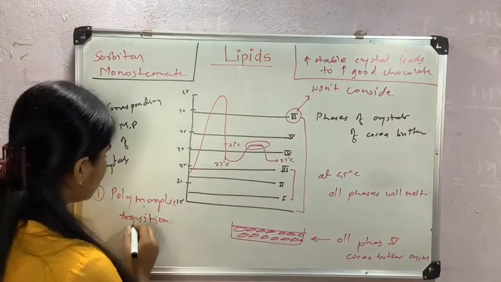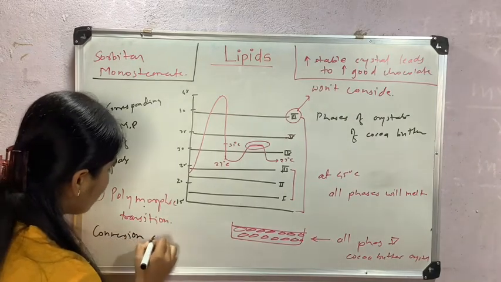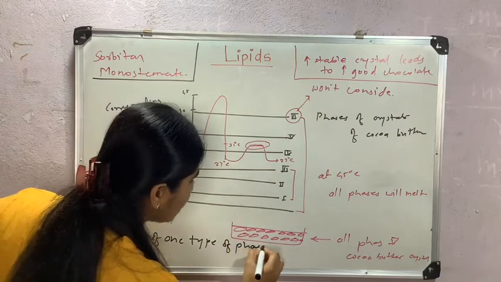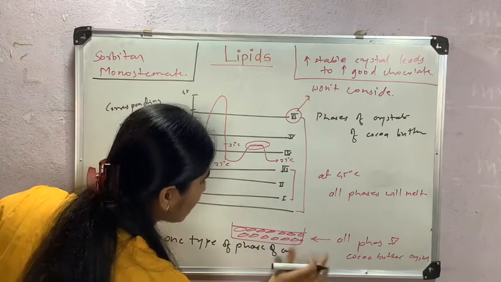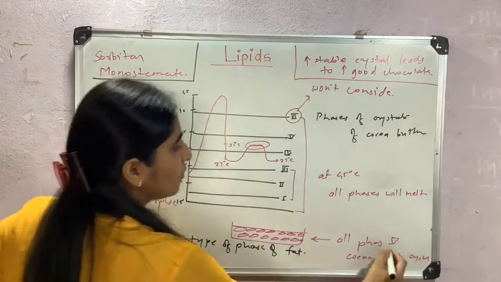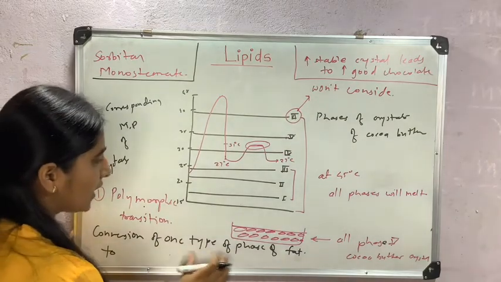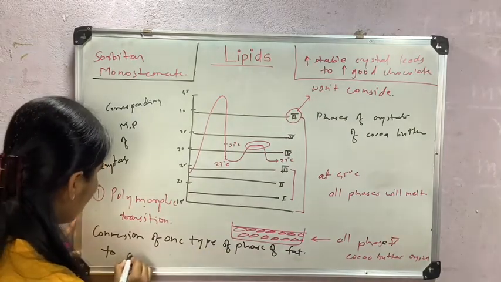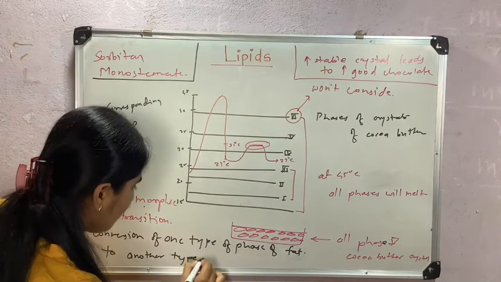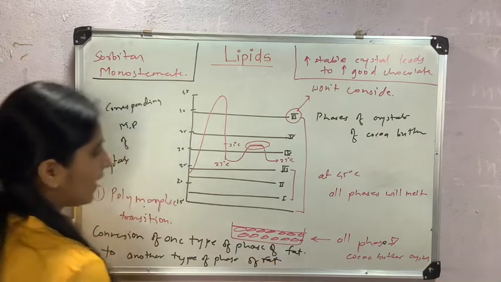Polymorphic transition means conversion of one type of phase of fat to another type of phase of that particular fat. Suppose we consider phase 5, it converts to another phase of that particular fat.